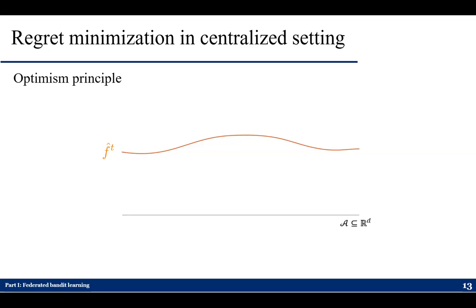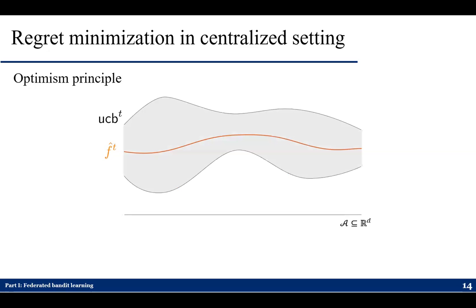In a centralized setting, to minimize regret, we typically resort to the principle called optimism in the face of uncertainty. The x-axis here is my state, everything I can recommend to the user. This orange line is my estimated model based on the data I already have.